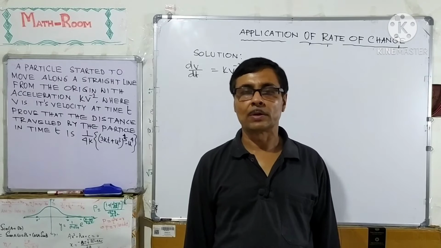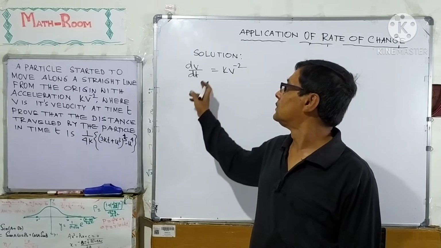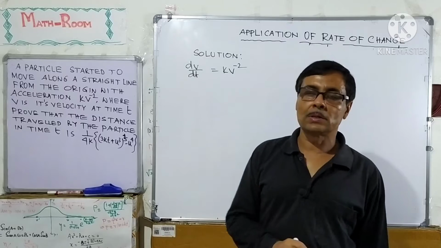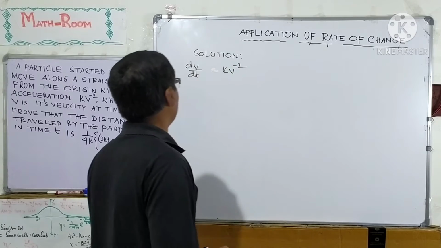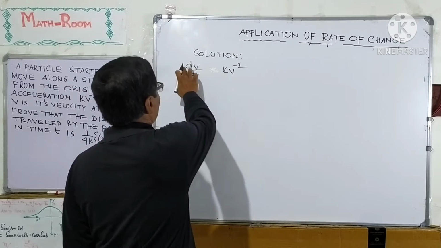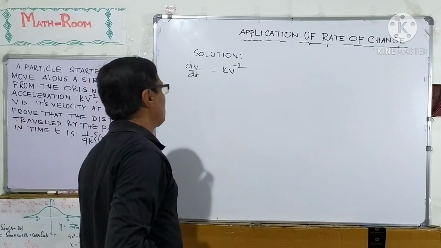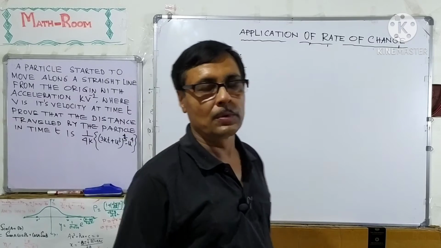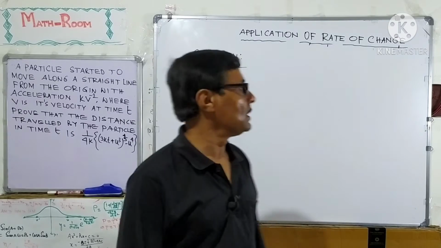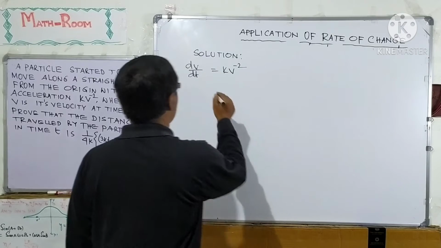To do this, we have to separate the two variables, v and t, from each other.